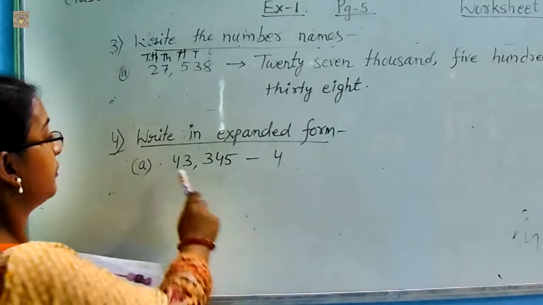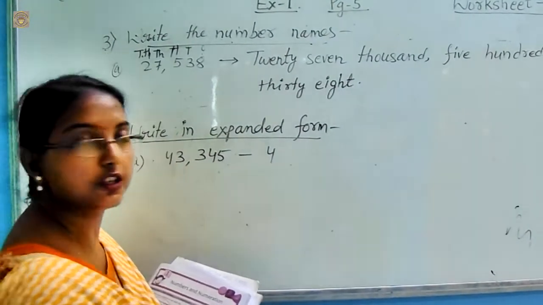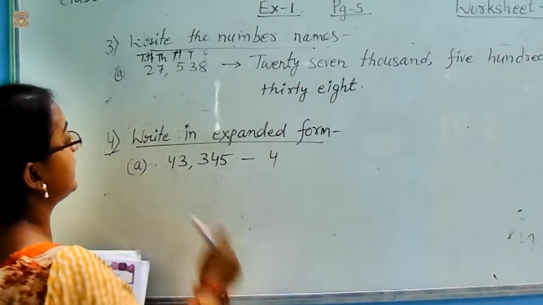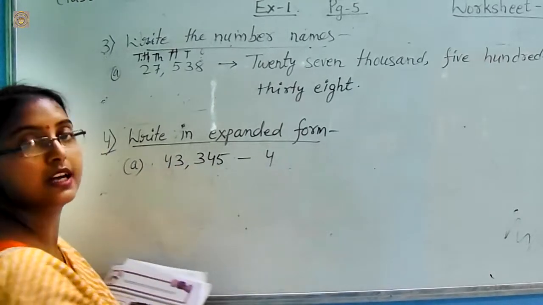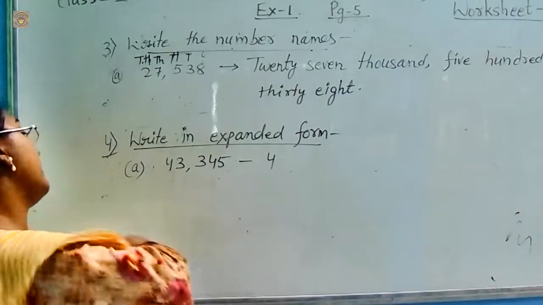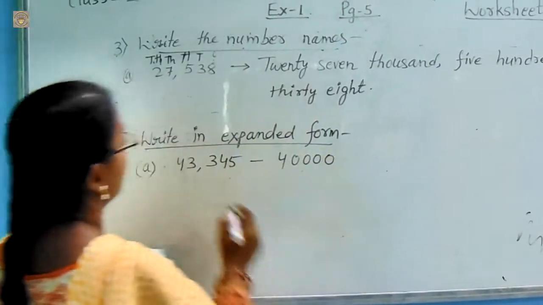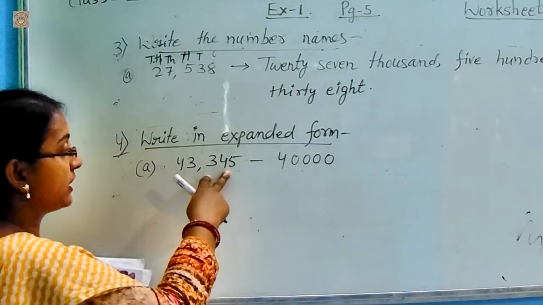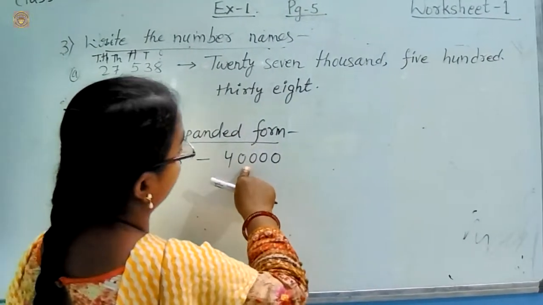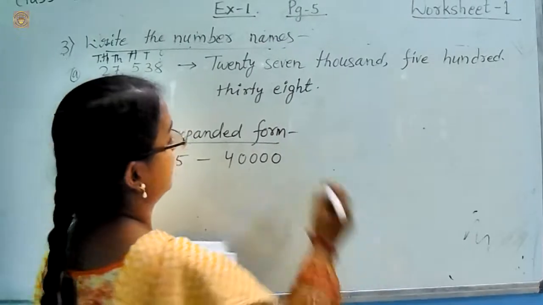Here 4 is at the position of 10,000. That means for the remaining place values we have to put zeros. The remaining numbers are 4 digits, so I will put 4 zeros.